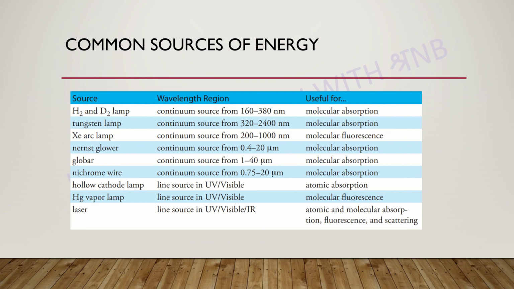Nernst Glower, continuum source from 0.4 to 20 micrometer for molecular absorption. Globar, continuum source from 1 to 40 micrometer for molecular absorption. Nichrome wire, continuum source from 0.75 to 20 micrometer for molecular absorption, and so on.